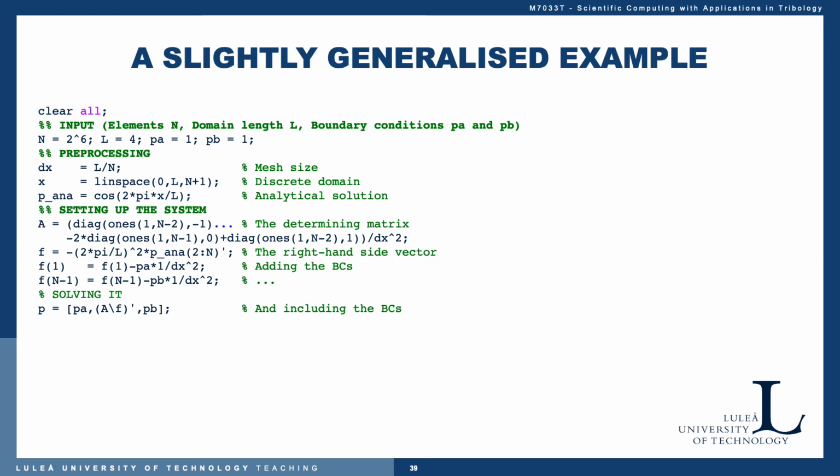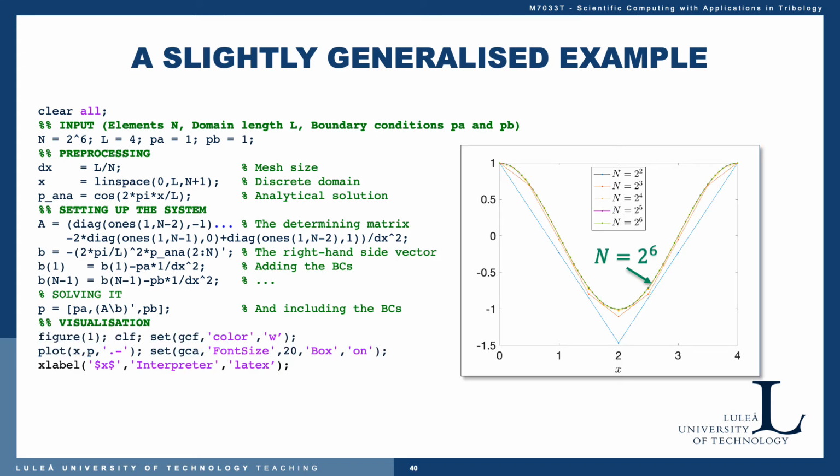Then we do the right hand side vector, and it's nearly as simple as before. We just define it now, and we can base it on the analytical solution, as it's just the coefficient minus 2 pi over L squared times the analytical solution, which is the right hand side of the Poisson equation that we consider. We also add the boundary conditions to the right hand side vector, and then we can solve it in MATLAB, and we can also visualize the results.